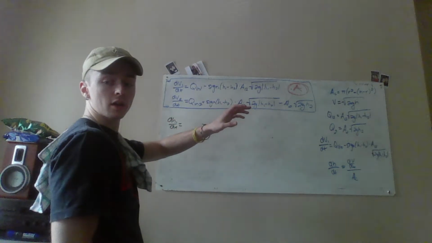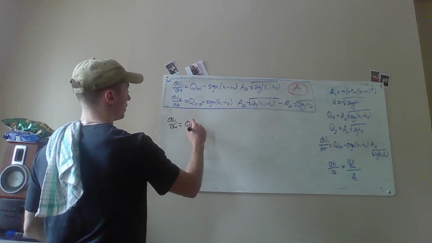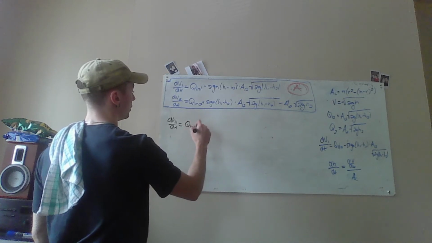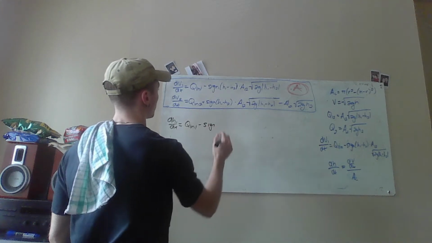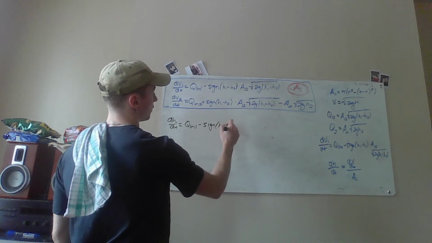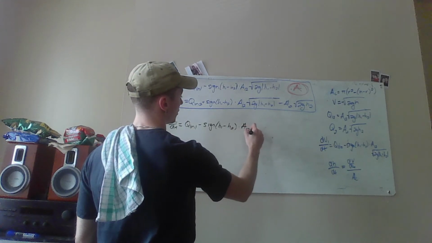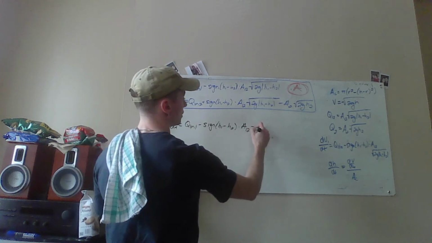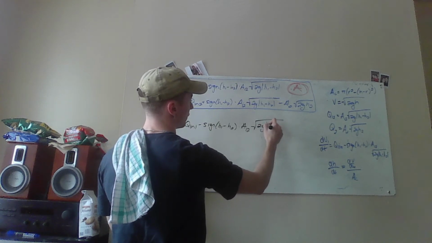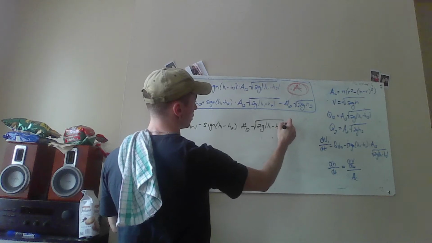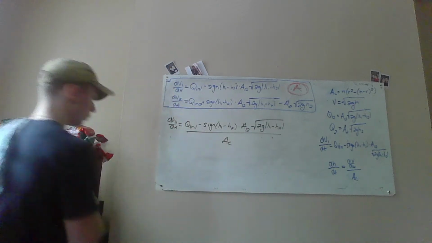So we can say that it is the flow of fluid into tank 1 minus the sign compensation of height 1 minus height 2, or height of the fluids, times the area of the pipe that connects tanks 1 and 2, times the square root of 2 times acceleration due to gravity times the absolute value of height 1 minus height 2, divided by the cross-sectional area, which again we already know.